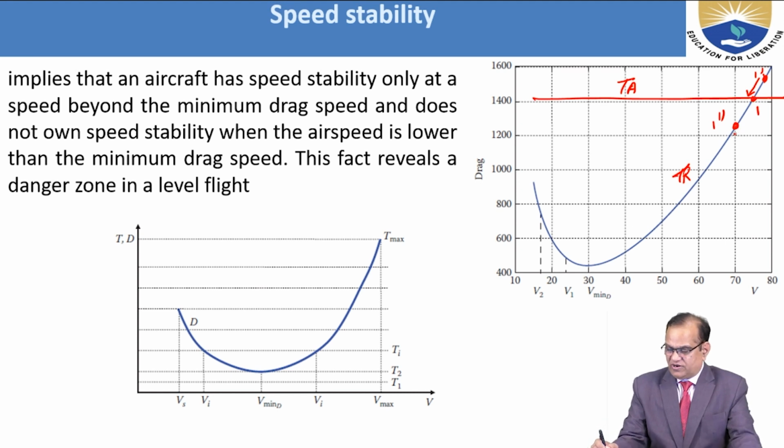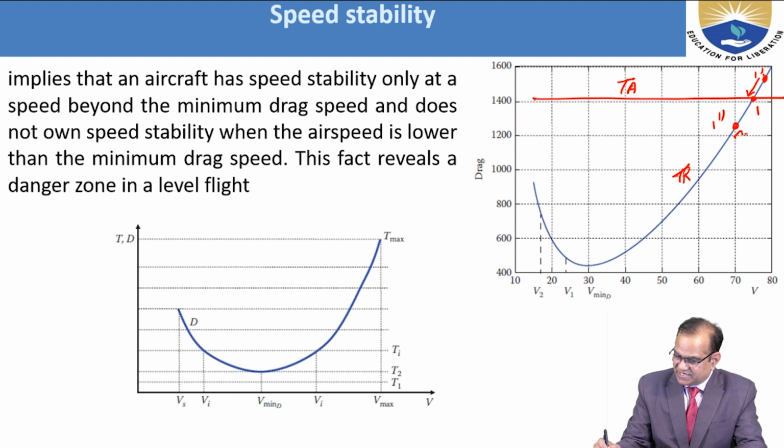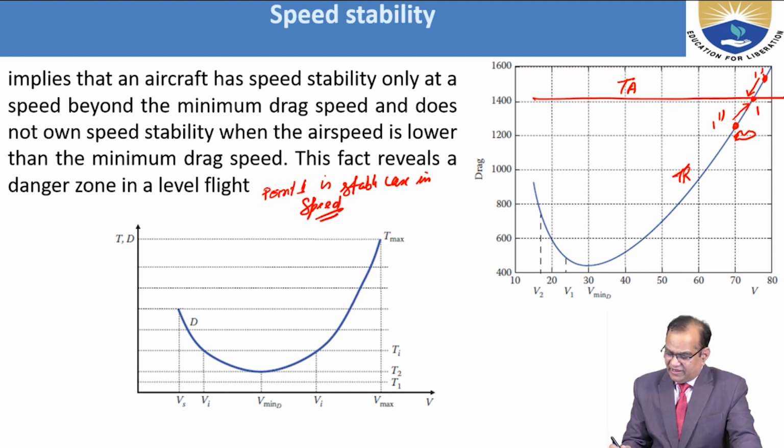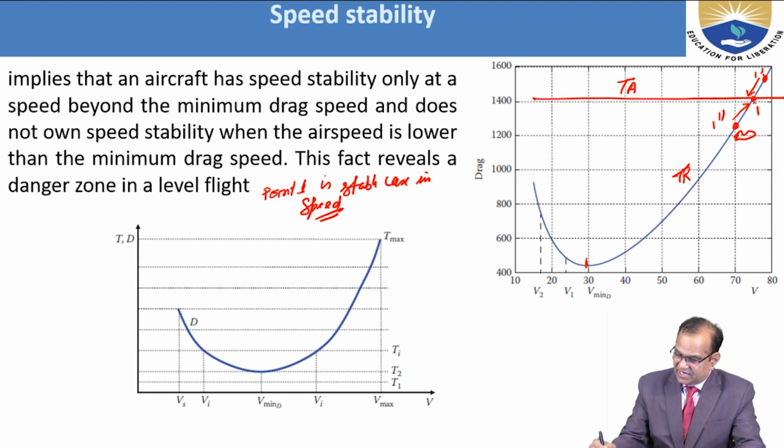In another case, if your aircraft is flying at this speed, thrust available is more than the thrust required, so the aircraft will tend to move again to point 1. So here point 1 is a stable case in speed. If your aircraft is flying from here to here, your speed stability exists.